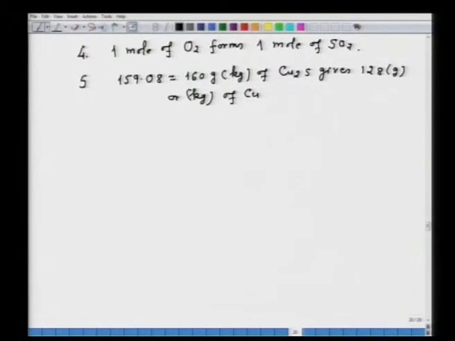Now, let me illustrate it by giving a suitable example. You see how much easier it becomes to write a balanced chemical equation and to proceed with the calculation, because from the balanced chemical equation you can derive so much information.